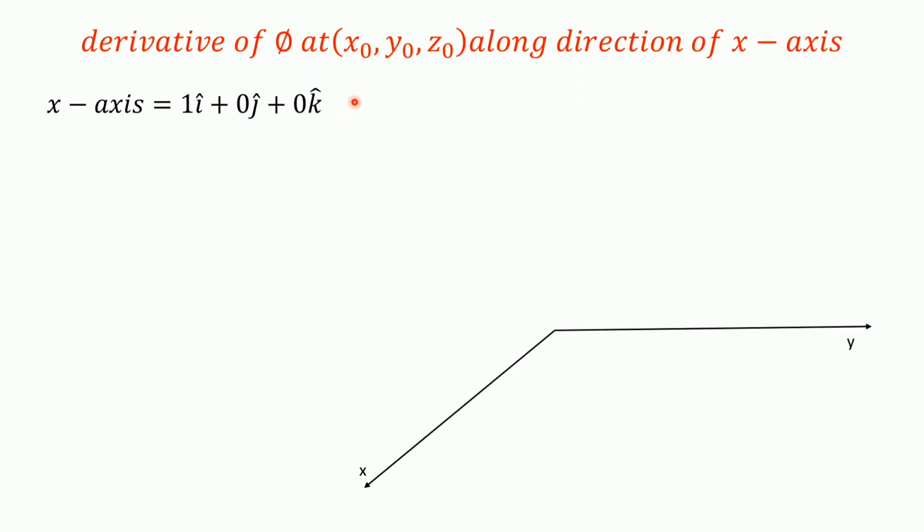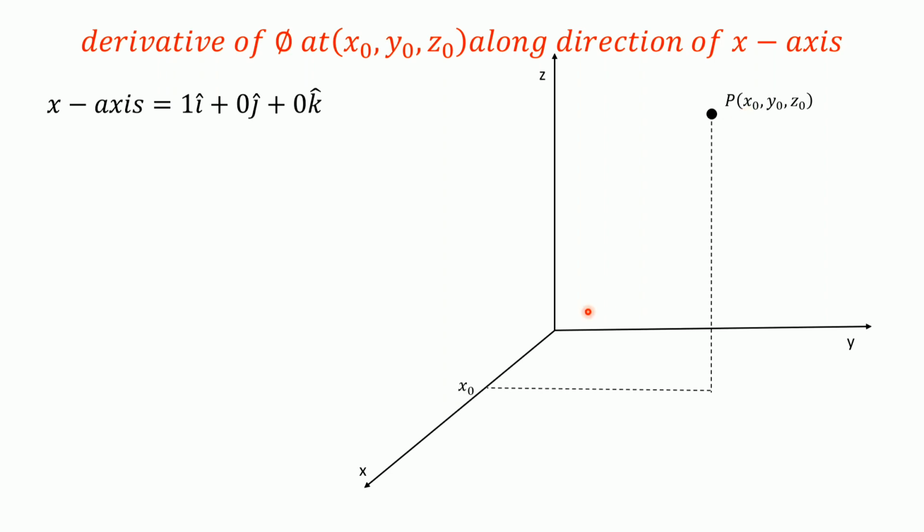So here this is our x-axis, y-axis and z-axis. Suppose here is our point P, x naught, y naught, z naught, which lies on this surface phi. Its x coordinate is x naught, that is this distance, its y coordinate is y naught, that is this distance, and the height is the z coordinate.